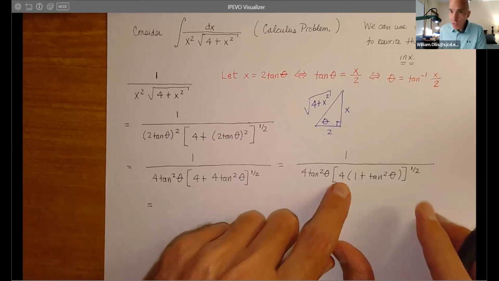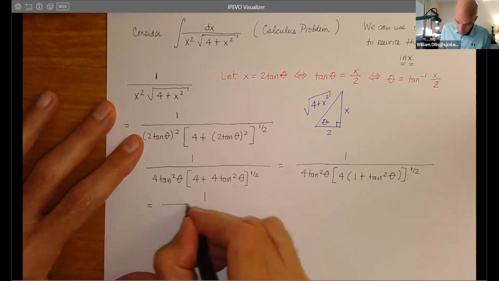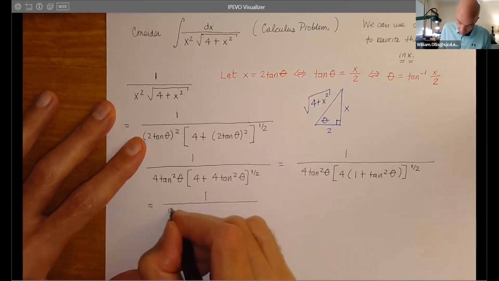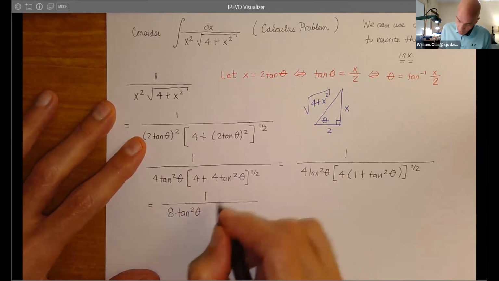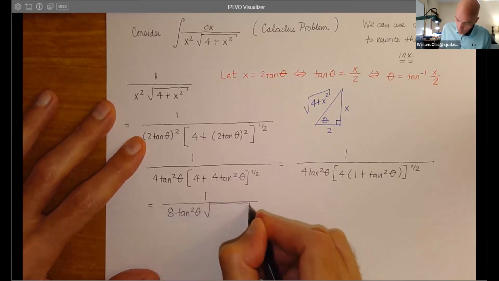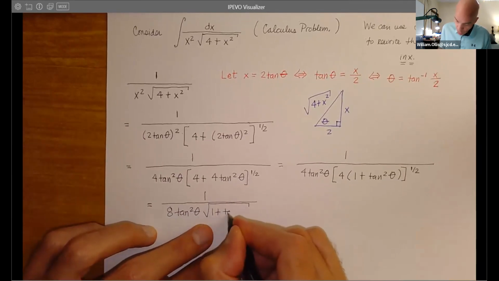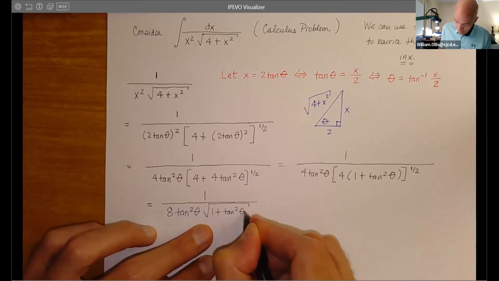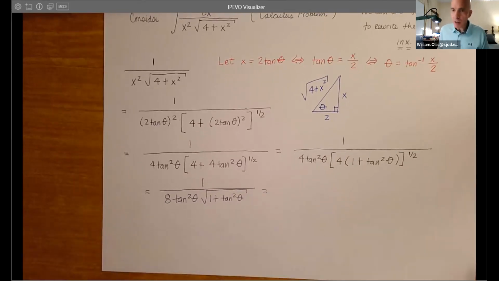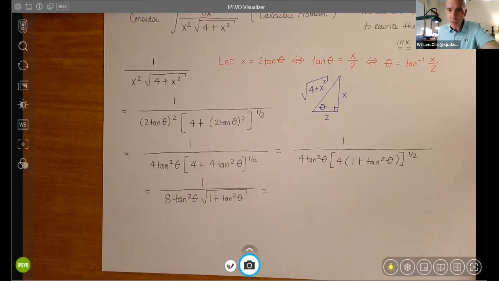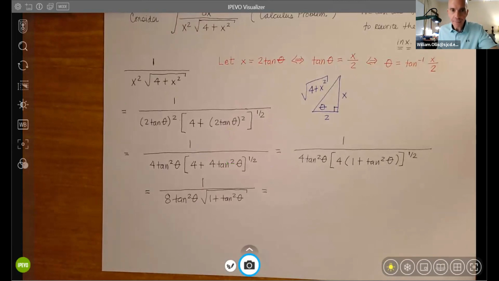So the square root of 4 is 2. 2 times 4 is 8. And then we're left with, I'll write it in formal style, square root of 1 plus tangent squared. Now, of course, I'm filling in all the steps, making it a little bit longer than we need to, but that's good. Focus that a little bit.